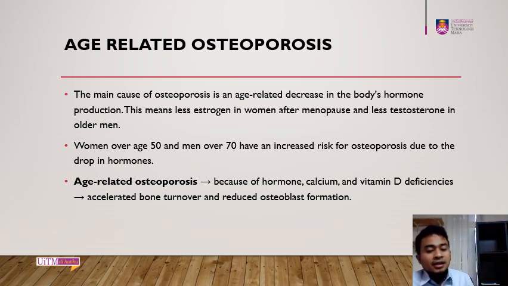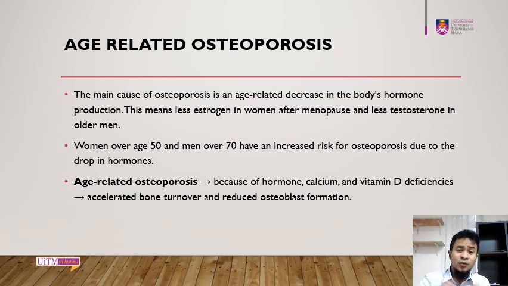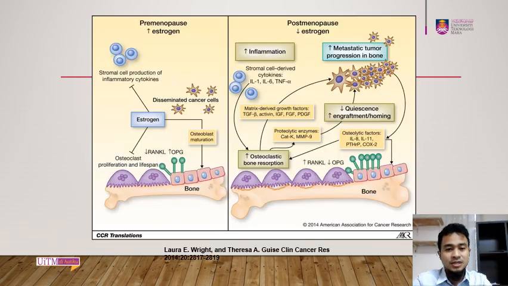Age-related osteoporosis occurs due to lack of hormone production, calcium and vitamin D deficiency, which cause accelerated bone turnover and reduced osteoblast formation. This is for the age-related osteoporosis.